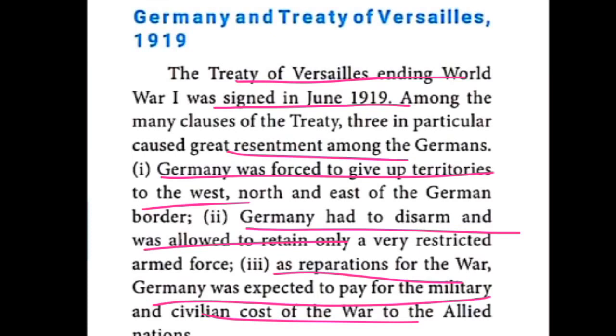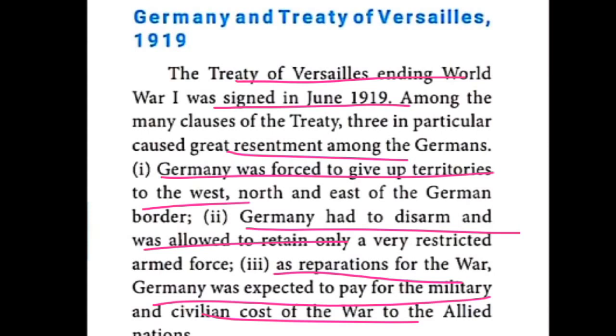The German people were totally dissatisfied, there was resentment among the Germans. The first point I told: Germany was forced to give up territories to the West. German territories were shattered. Then the second one, Germany had to disarm.